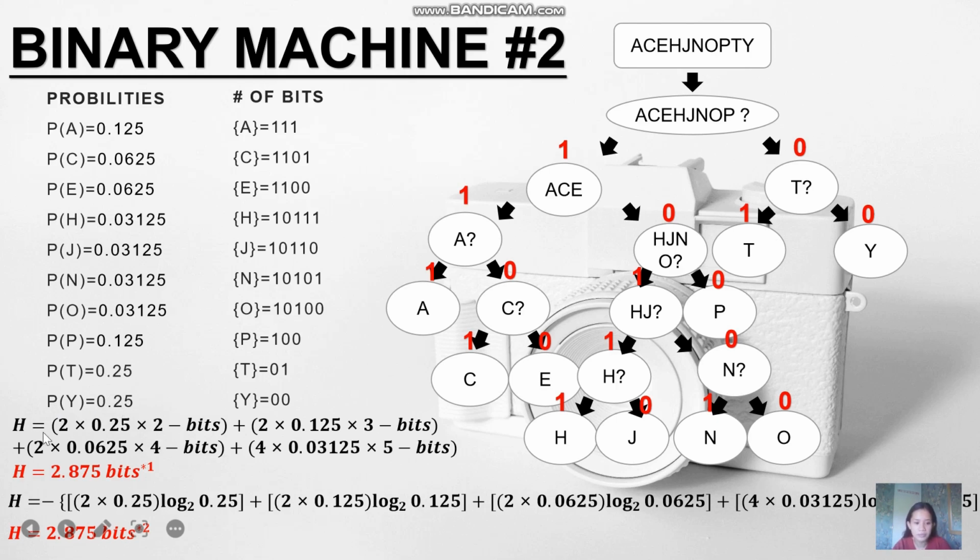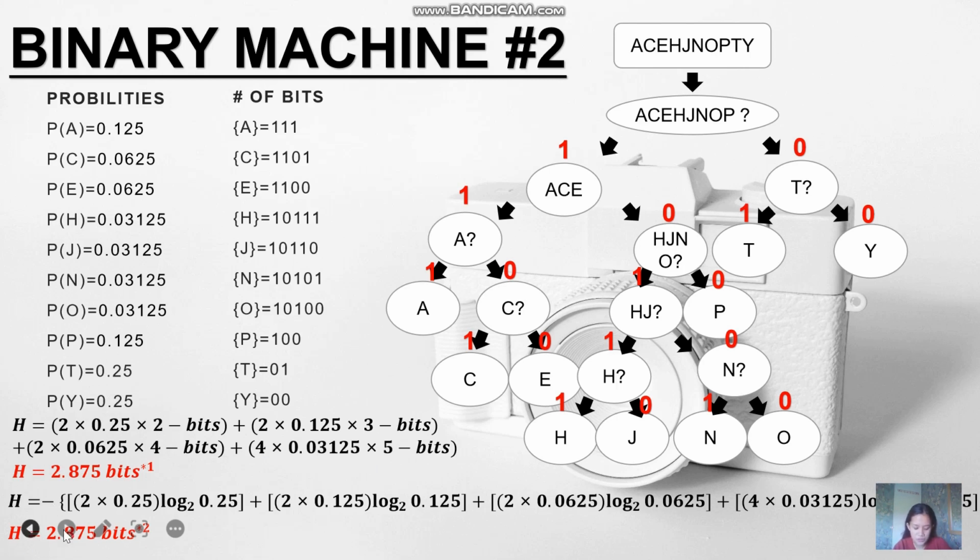So for the probability method, I have here the solution: 2 times 0.25 times 2, plus 2 times 0.125 times 3, plus 2 times 0.0625 times 4, plus 4 times 0.03125 times 5, is equal to 2.875 bits.